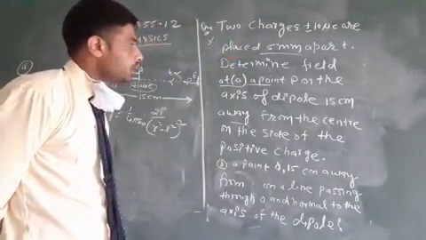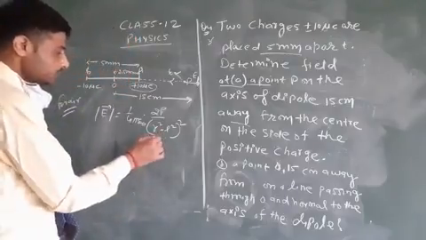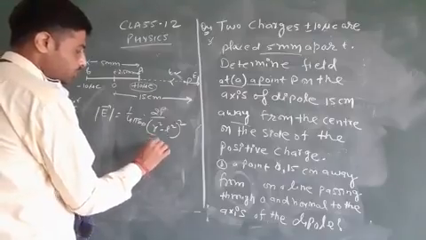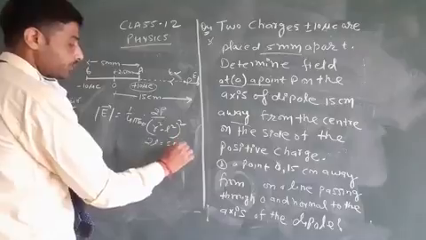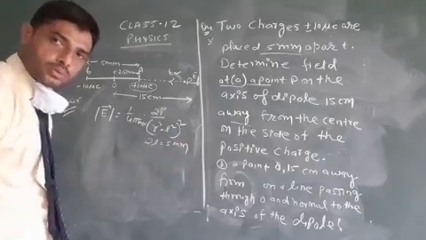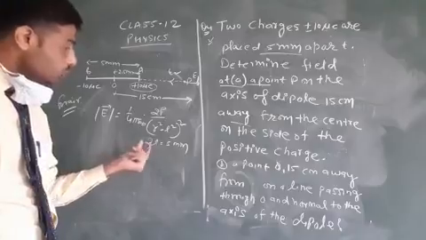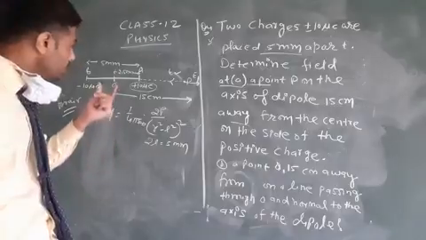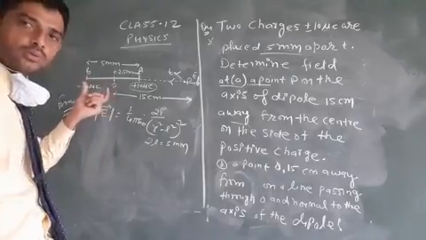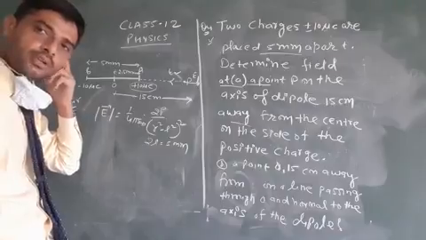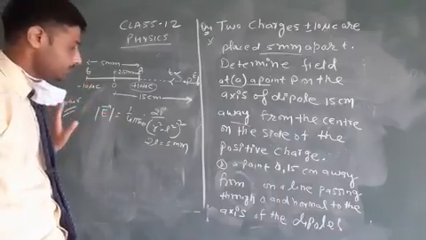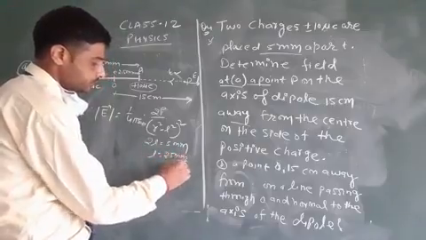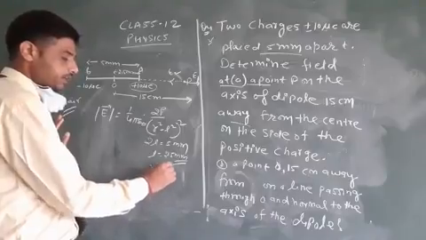It means 2L is equal to 5 millimeter. You have to understand this point. L is not 5 millimeter, because in the derivation we used 2L. So L equals 2.5 millimeter and R equals 15 centimeters.